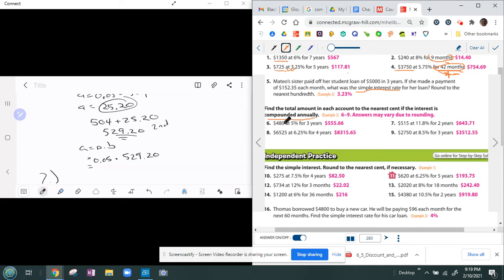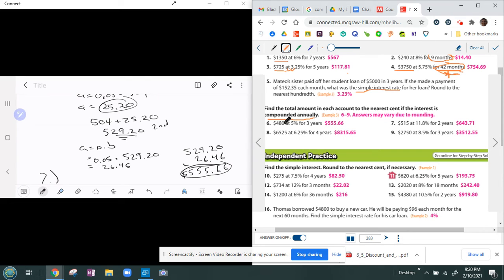That is 0.05 times 529.20, and that gives me 26.46. Our last step is to add 529.20 plus 26.46, and that gives me 555.66. Nice, and that is my final answer.